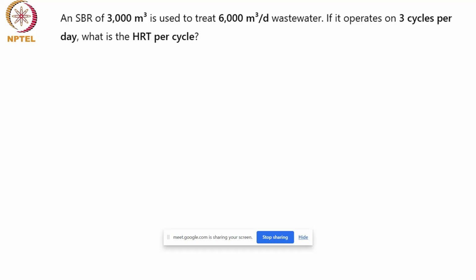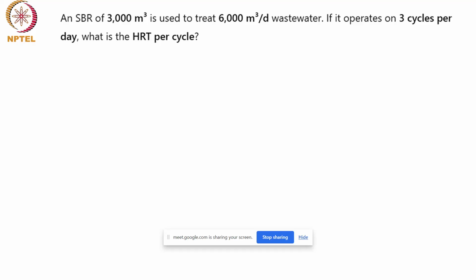Given is volume equal to 3000 meter cube, Q equal to 6000 meter cube per day, and number of cycles per day equal to 3. So what is the HRT per cycle?